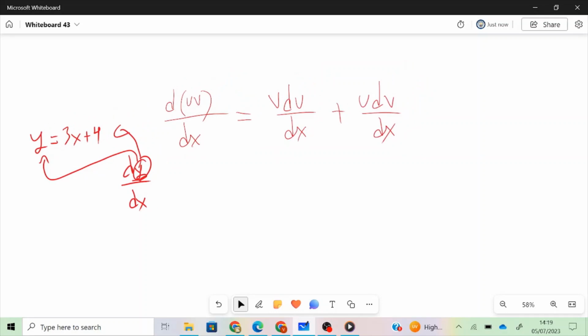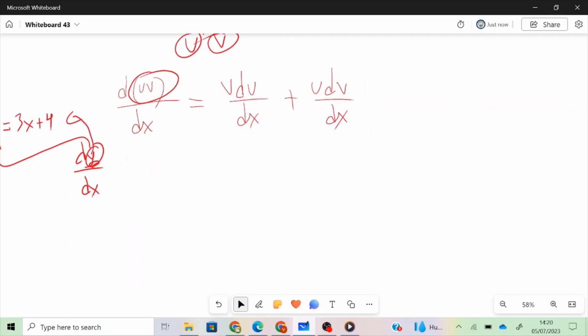Over here I've put uv, which means our function is in terms of uv. What are u and v? These are nothing but two separate functions being multiplied together. So essentially we're finding the derivative of two separate functions multiplied by each other.